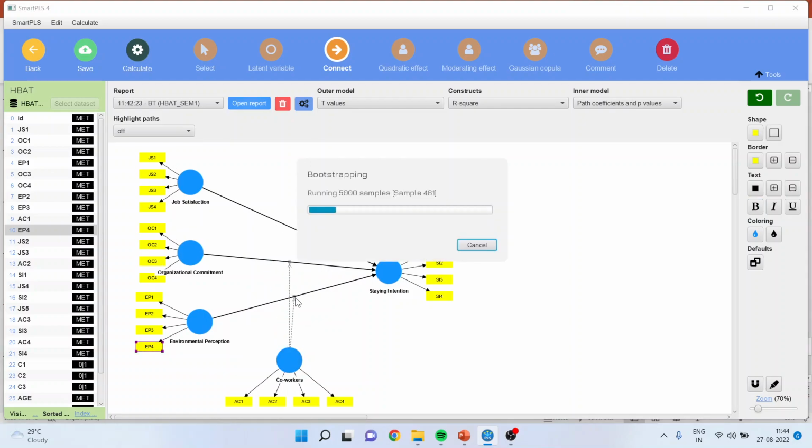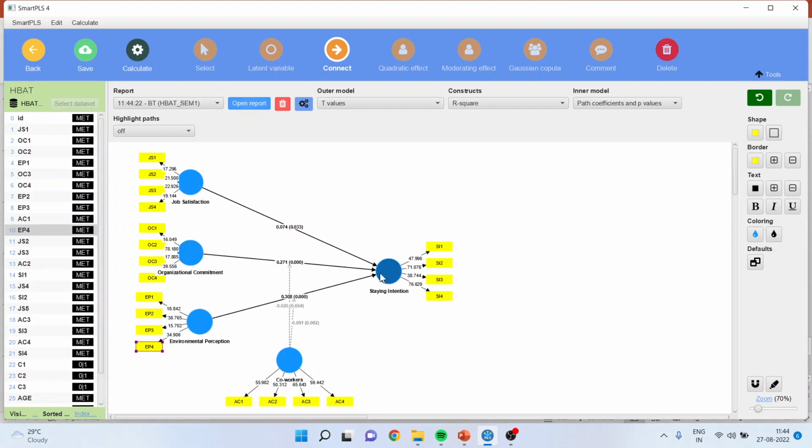Now I want to see the moderating effect of co-workers in moderating the relationship between organizational commitment and staying intention. The new version of SmartPLS-4 is so fast that as soon as you connect it, it will give you the output. Again, connect this also.